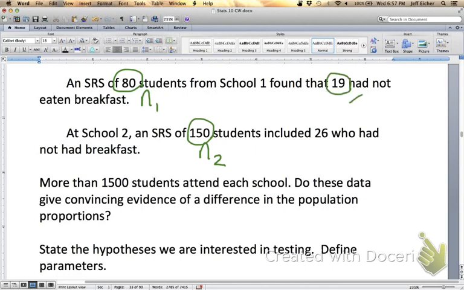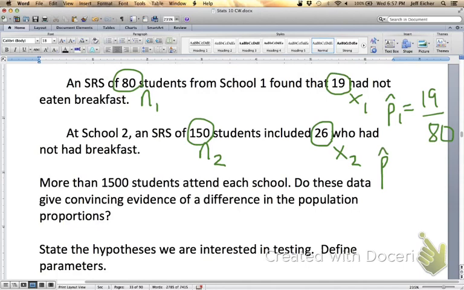19, that's actually X sub 1, number of successes. The success in this case being a child not eating breakfast. Strange to think of success as not eating breakfast. 26 would be X sub 2. P hat 1, therefore, would be 19 over 80.